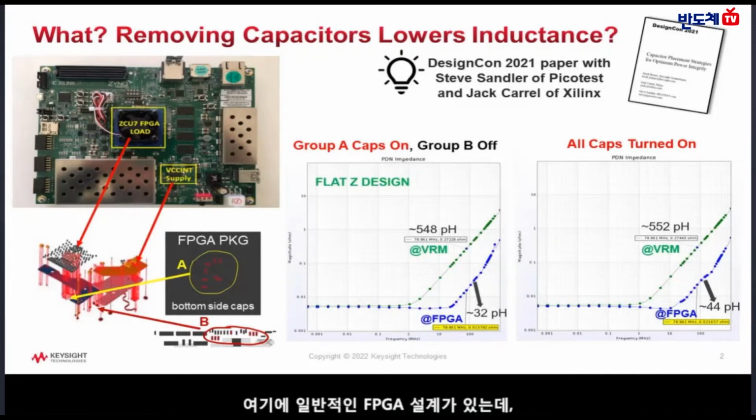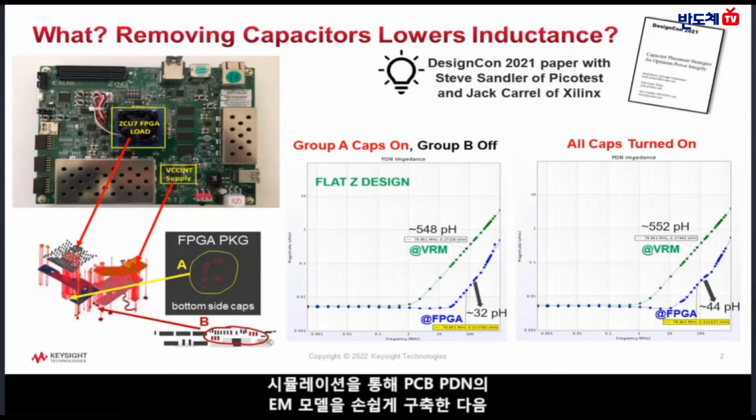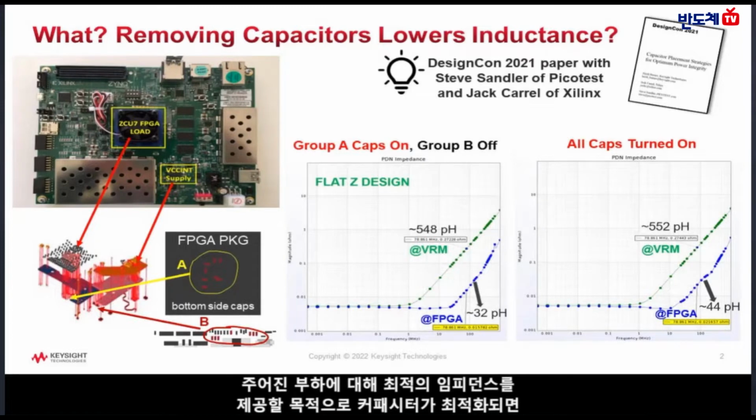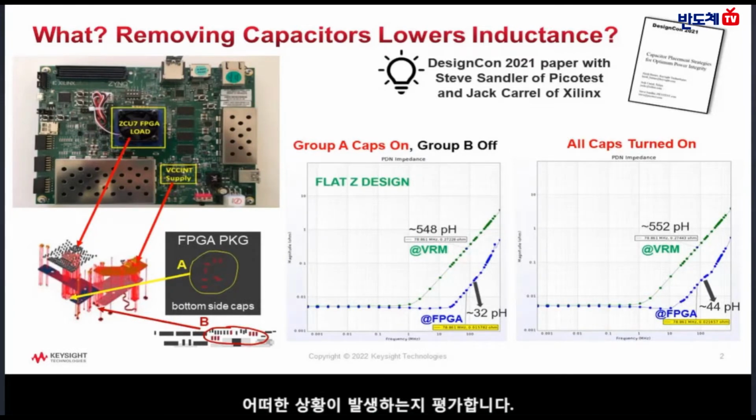Here we are showing a typical FPGA design where simulation has made it easy to create an EM model of the PCB power delivery network and then evaluate what happens when capacitors are optimized to provide the optimum impedance for a given load.